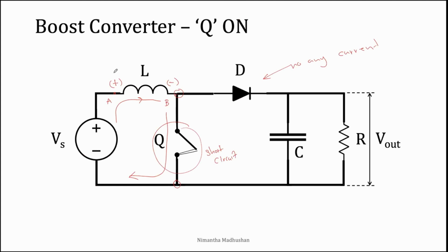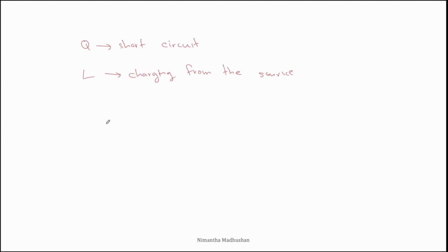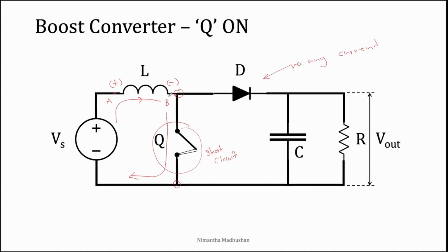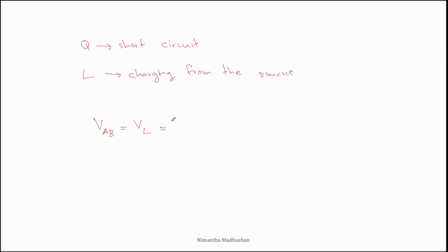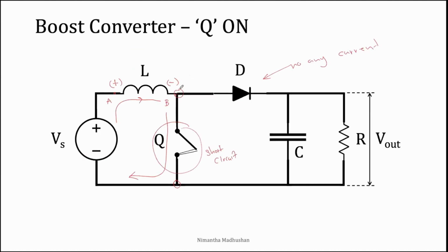If we consider the voltage between these 2 points A and B, VAB, it is equal to the voltage across the inductor, VL, and since these 2 points are short circuited, it is equal to the supply voltage Vs. During the Q turn-on time, the voltage applied to the inductor is equal to the supply voltage.